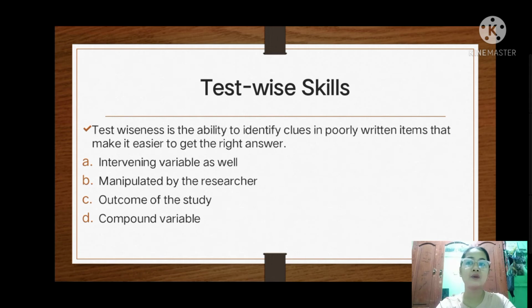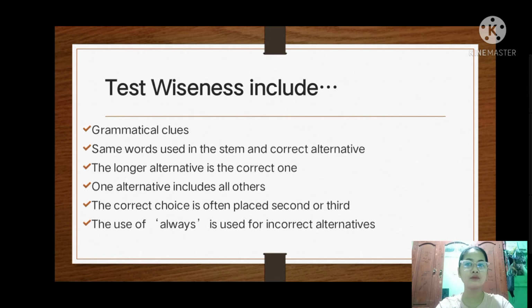Test-wiseness clues include grammatical clues, the same words used in the stem and the correct alternative, the longer alternative being the correct one, one alternative including all others, the correct choice often placed second or third, and the use of "always" in incorrect alternatives.